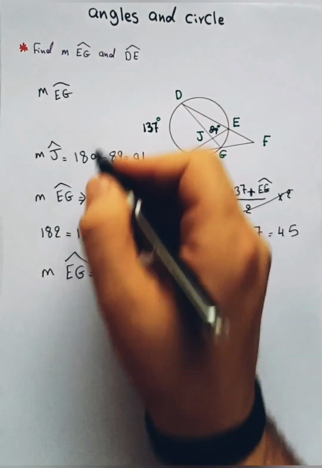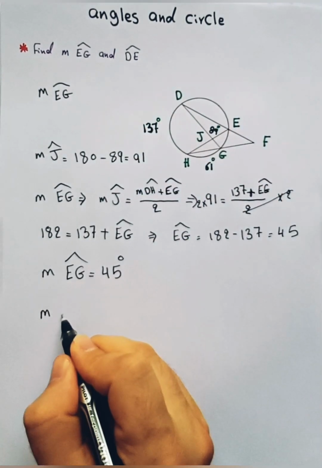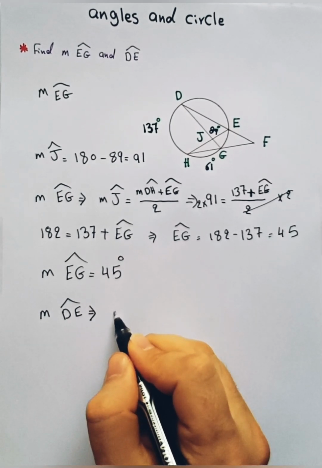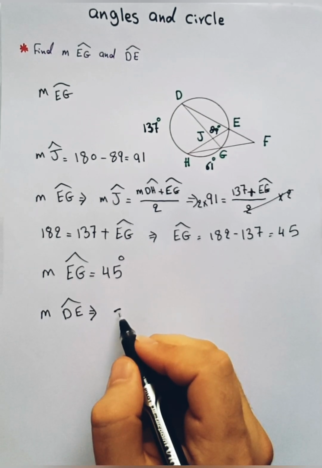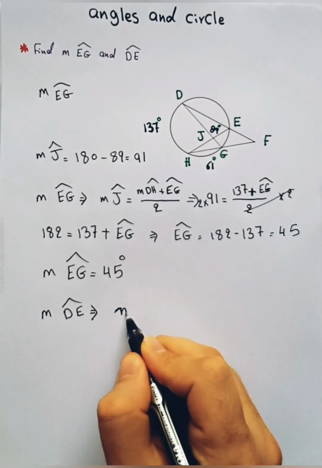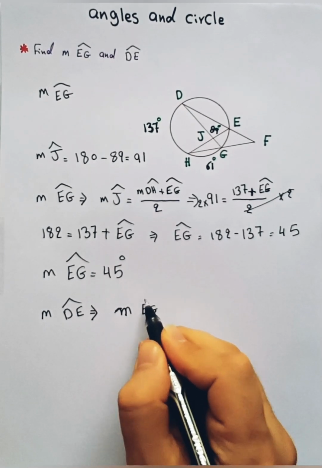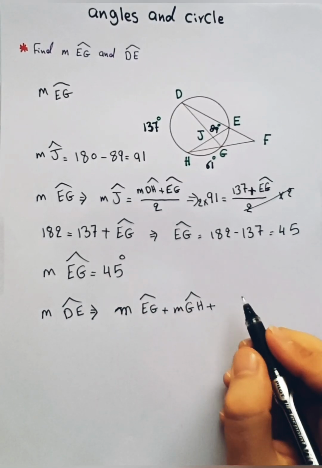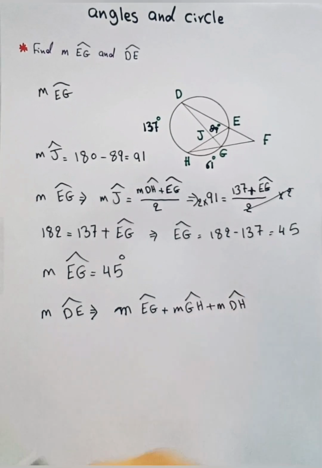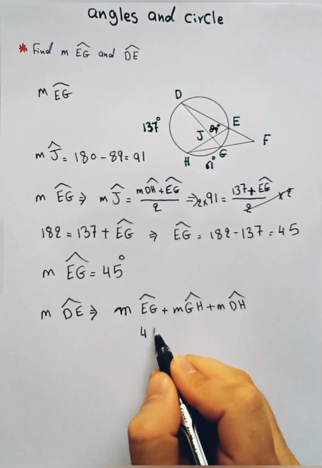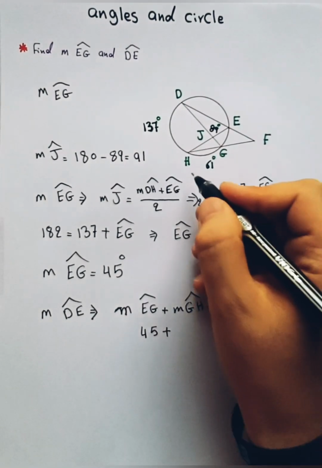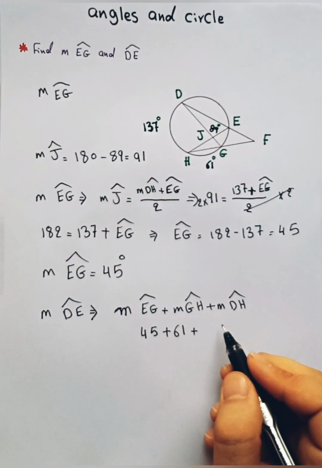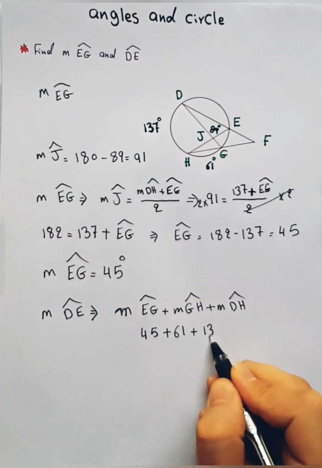After that, the measure of arc DE. The measure of DE equal to, we have to add the measure of EG with measure GH plus measure DH. So 45 plus GH is 61 plus DH is 137.